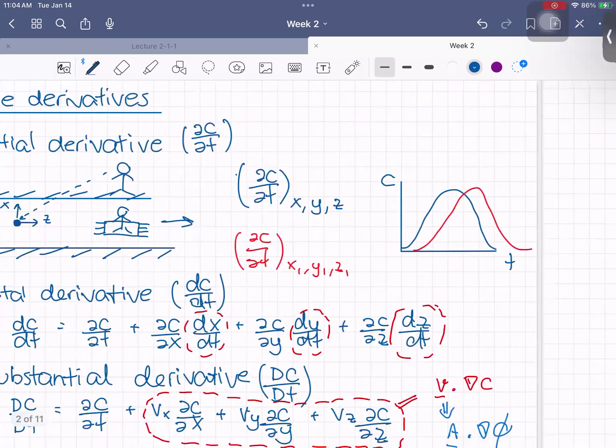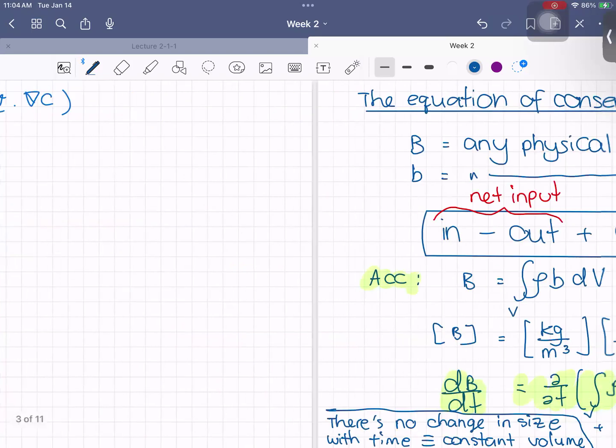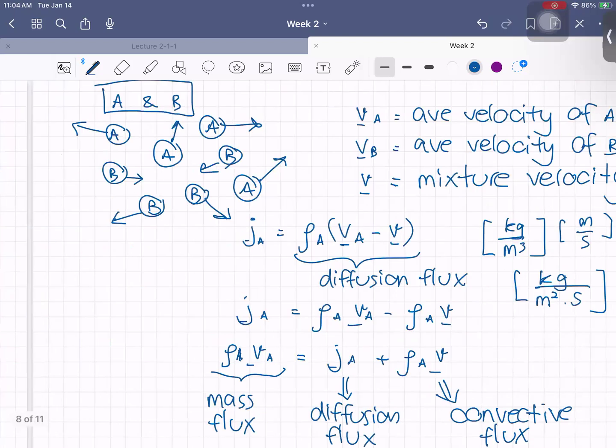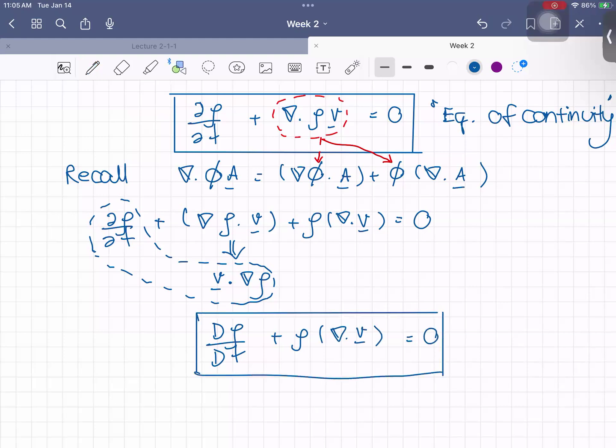Does it look similar? dc/dt + v·∇c. It's actually the substantial derivative, right? So right here it is actually Dρ/Dt + ρ∇·v = 0. This is also the equation of continuity, just transforming the equation.